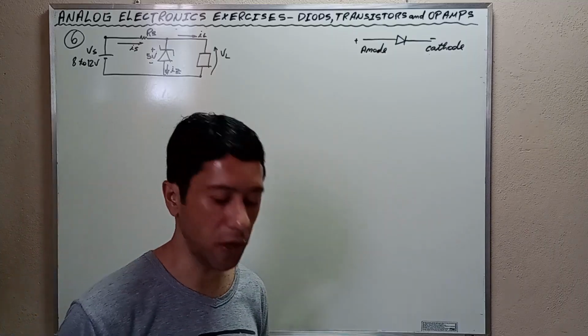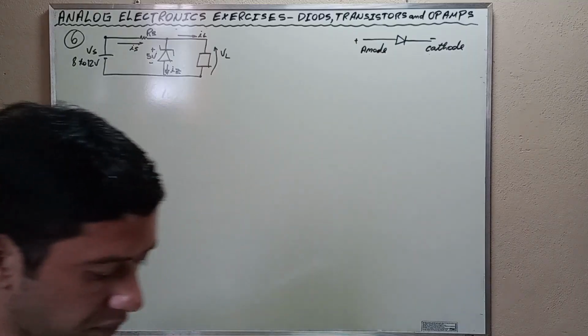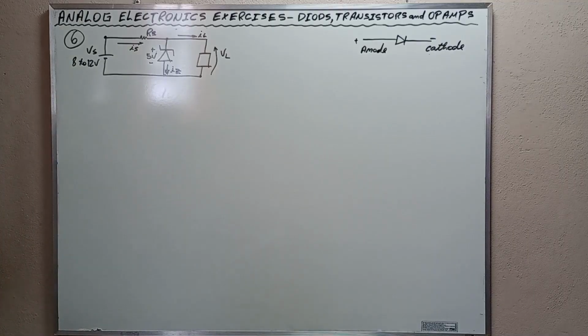Exercise number 6 now. The circuit of the figure is a simple voltage regulator. The voltage of the source varies from 8 volts to 10 volts, and the current of the load varies from 50 milliamps to 150 milliamps.